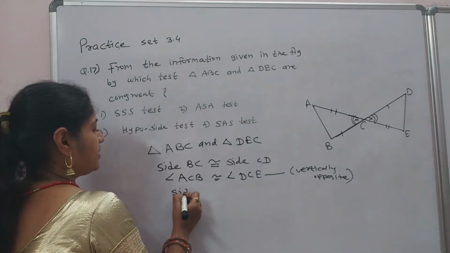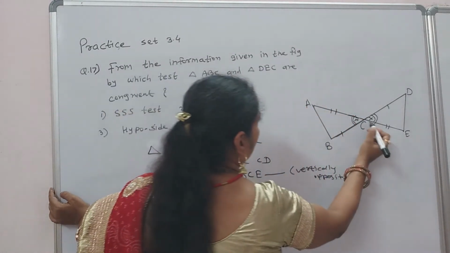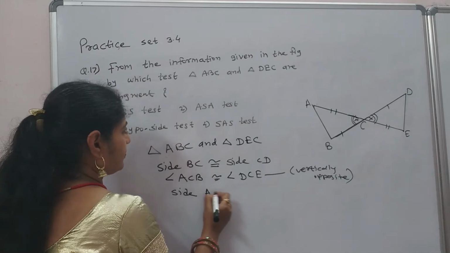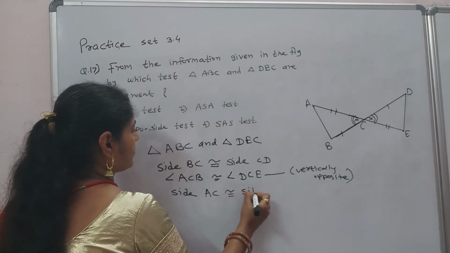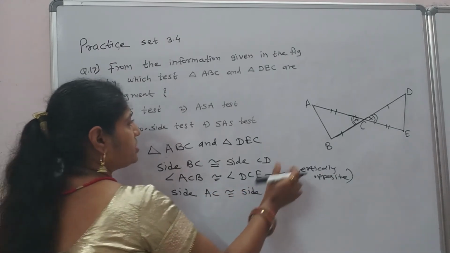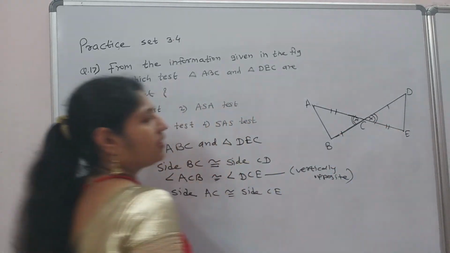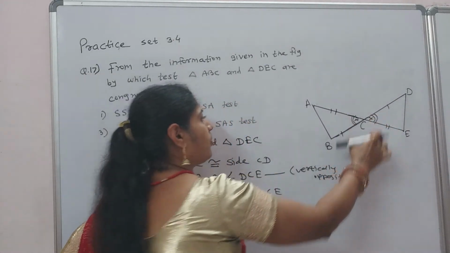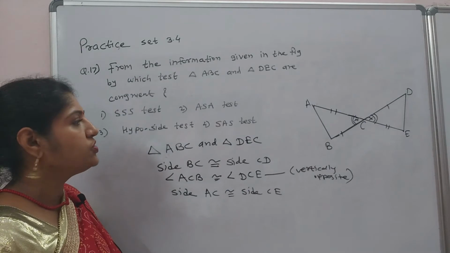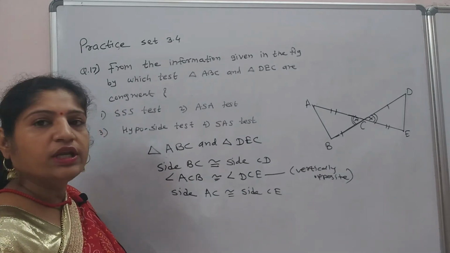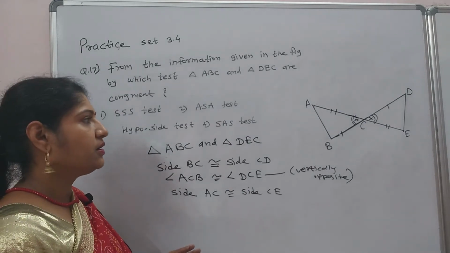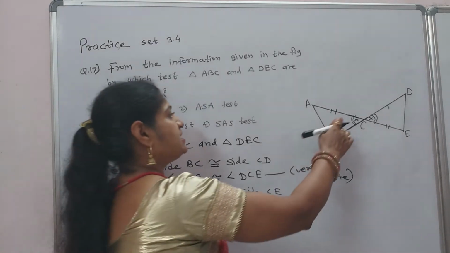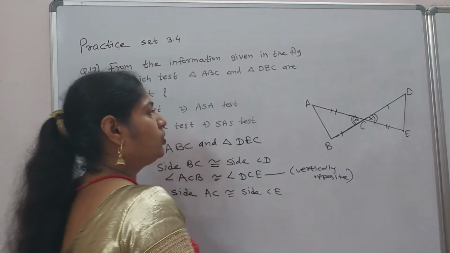And the third side, AC congruent with CE. These two sides are congruent as given, but we write the vertically opposite angle, and vertically opposite angles are congruent. We need the three criteria, two sides and one angle, the included angle.